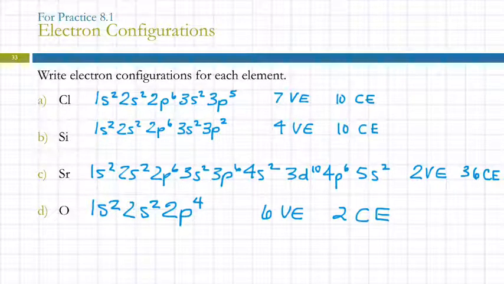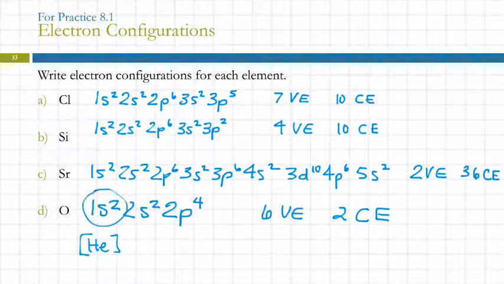Any questions? Yes? The noble gas configuration? Yeah. So for some of them, the noble gas configuration doesn't seem much easier. Like for oxygen, the noble gas immediately before oxygen is helium, right? So we write helium. That is doing this part, and then we have to write the rest of it.